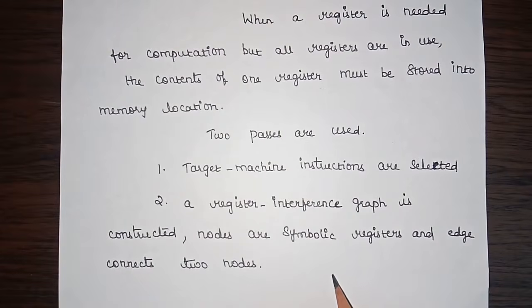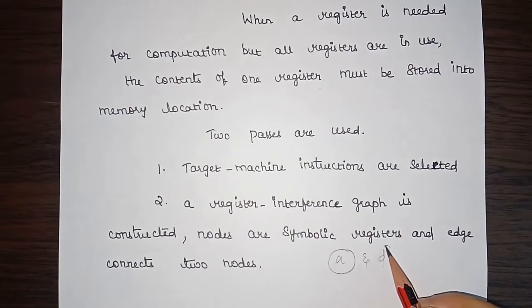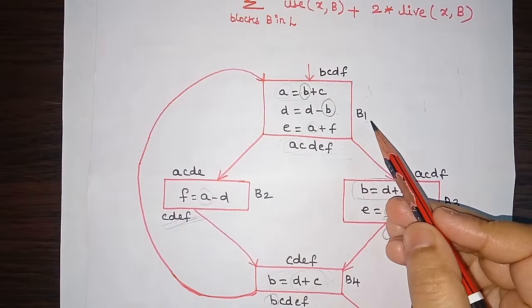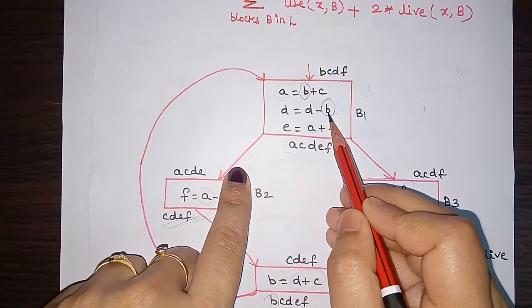For example, let us consider there are 2 names A and D. These 2 names act as the nodes of this coloring graph, that is, A is one node and D is another node. If you look at the previous example, in block B1, A is live at the second statement.